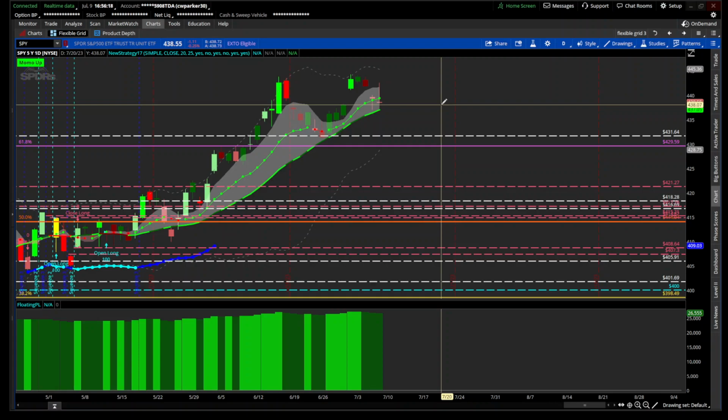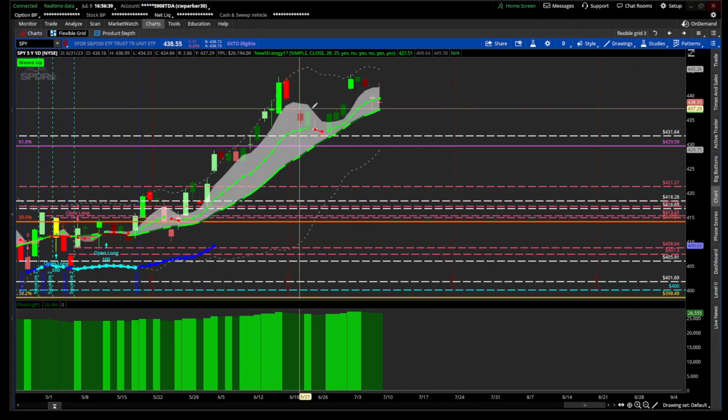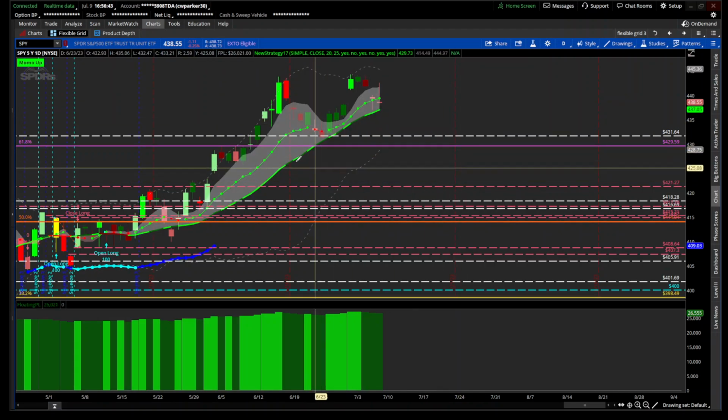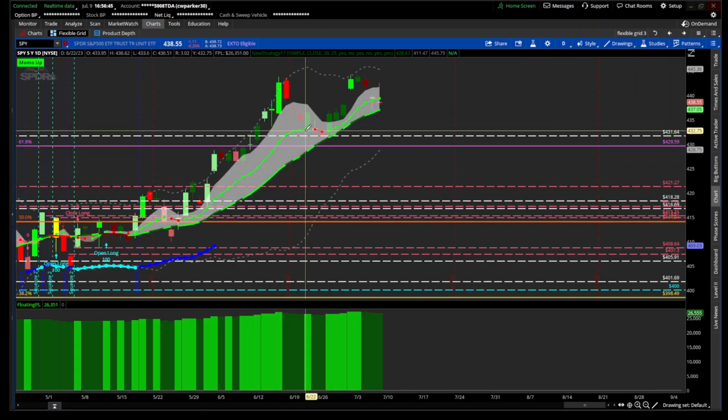But for the most part, a week is 5 days, and that 5-day average and your 20-day average gives you a month. 25% of 20 is 5, and that gives you a 5-day average. It's a 5-day pullback strategy that a lot of traders like to use, and a lot of traders like to use this 20-day as well.